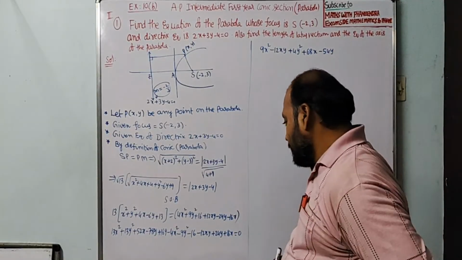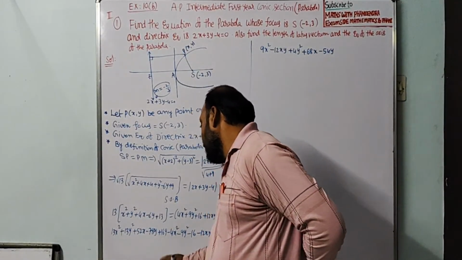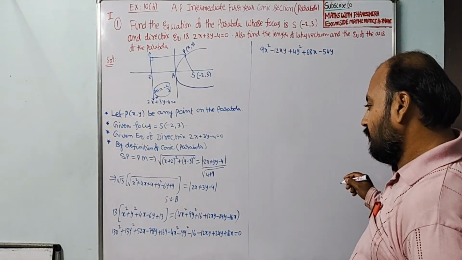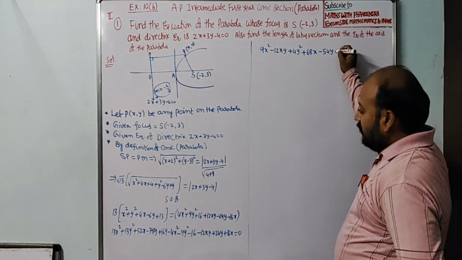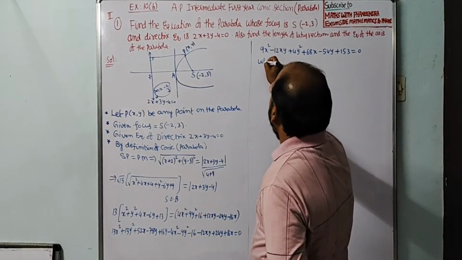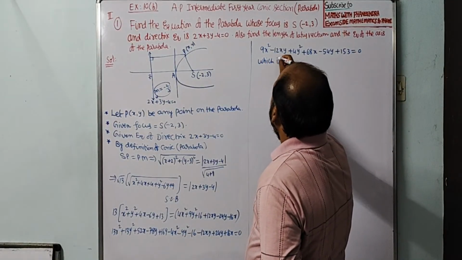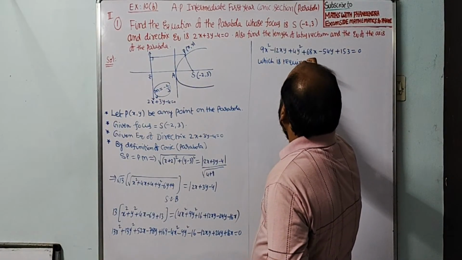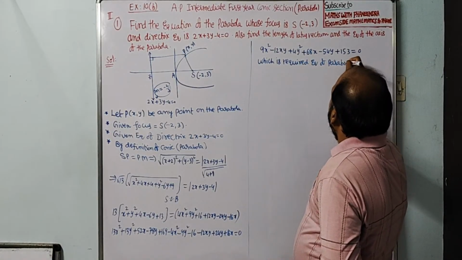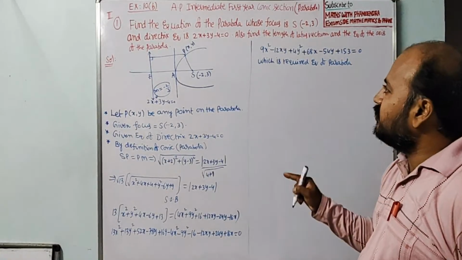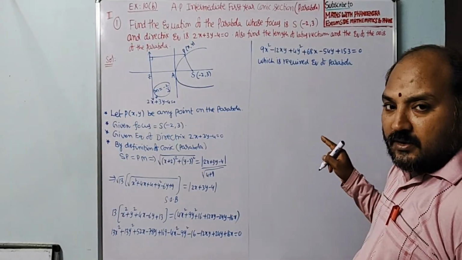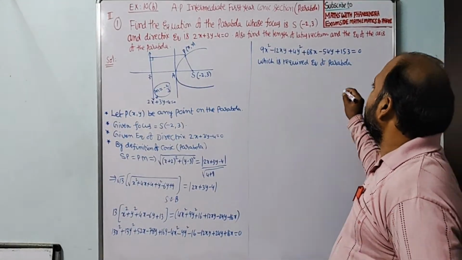Next constants: 169 minus 16, so 153. Plus 153 equal to 0, which is the required equation of the parabola. Till here, dear students, you are getting 4 marks.